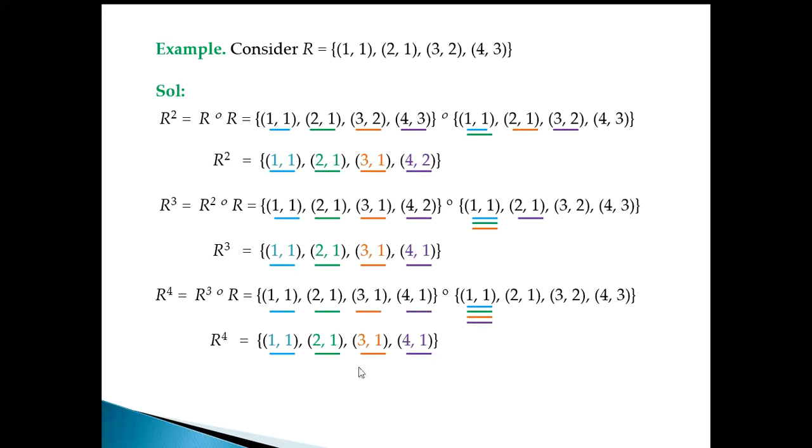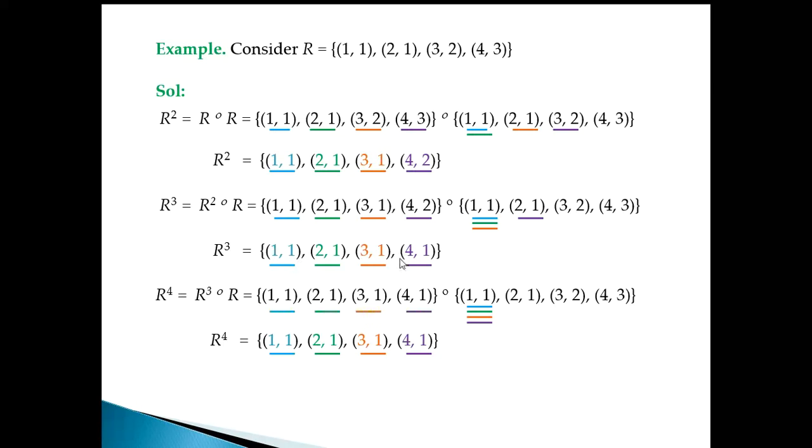Now, you see that here the R to the power 3 elements and the R to the power 4 ordered pair elements are same. So you can see that if you calculate R to the power 5, R to the power 6, they will all be same.